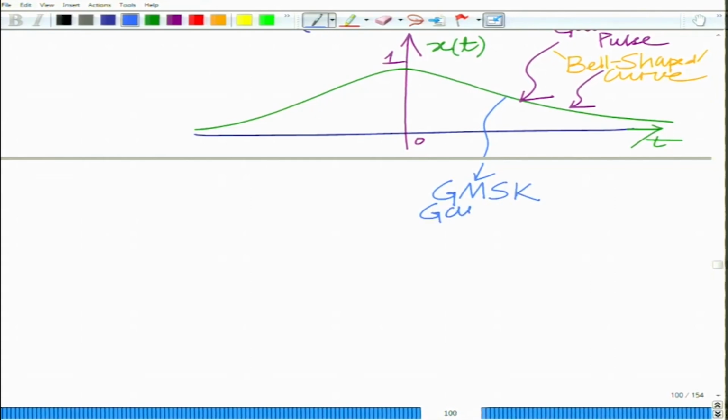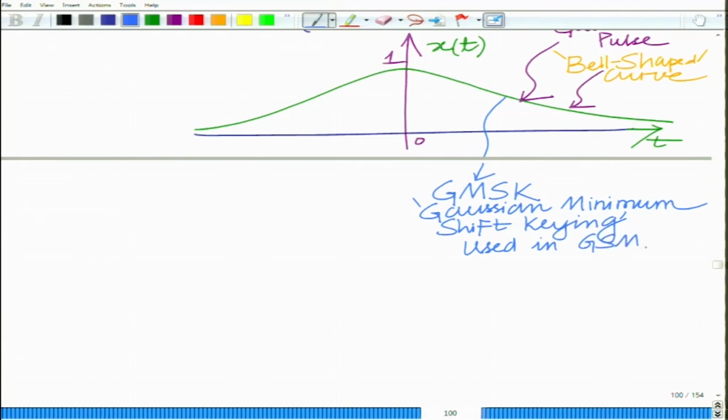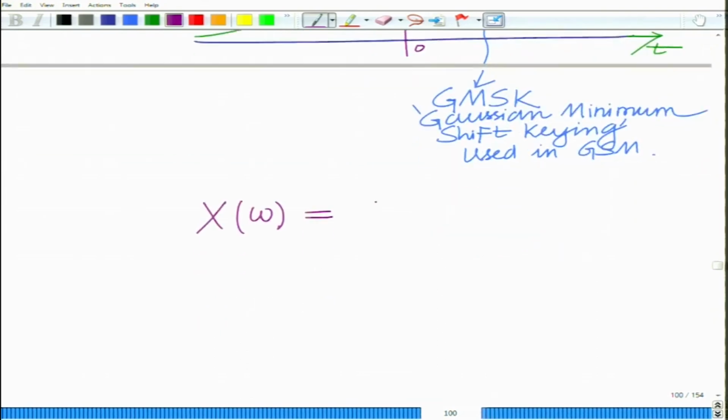So, this is your Gaussian minimum shift keying. Okay. So, this is used in the GSM standard.